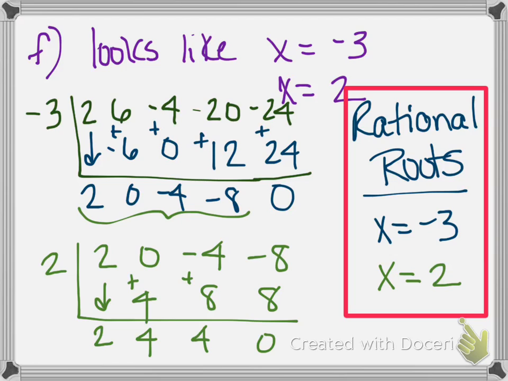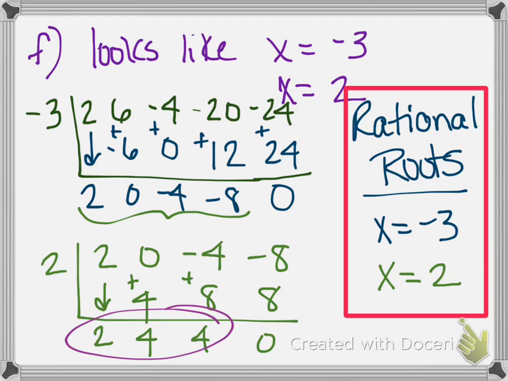Okay? Finding the other zeros is where we take the solution from here, which is now a quadratic, and we use the quadratic formula to find our either imaginary or irrational roots.